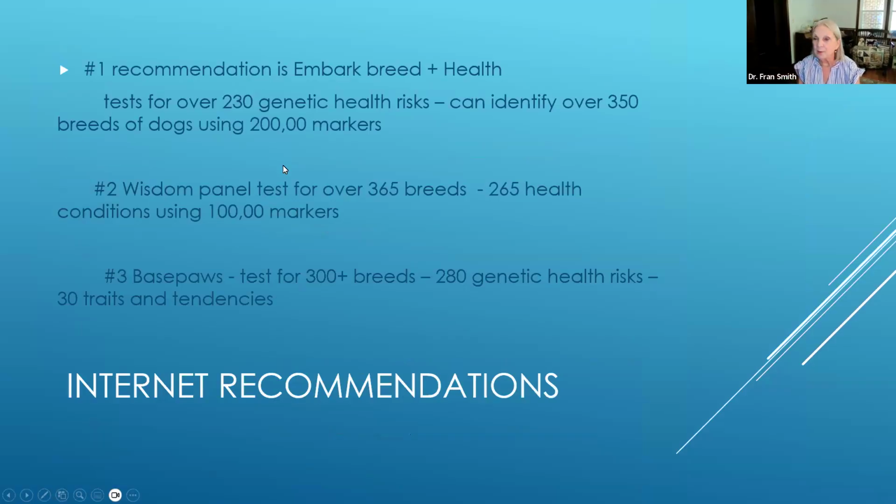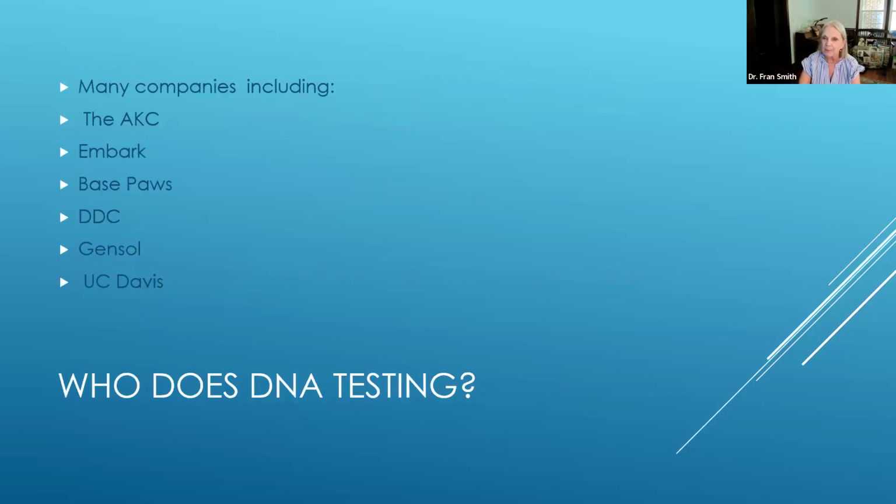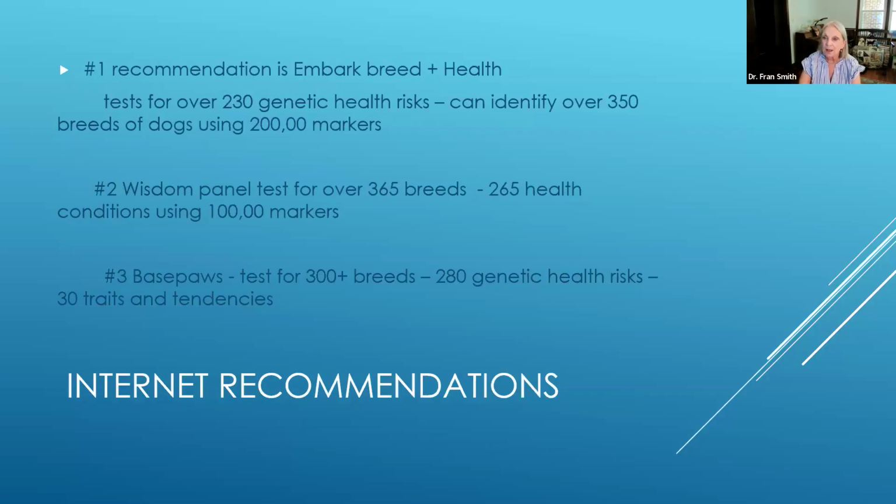But doing a Google search for the top 5 panel tests for DNA, the number one in every source was EMBARK. It tests for 230 genetic health markers, and it can identify over 350 breeds of dogs with 200,000 markers.